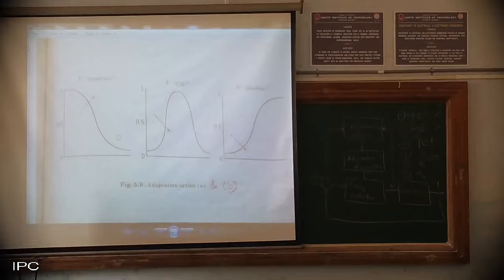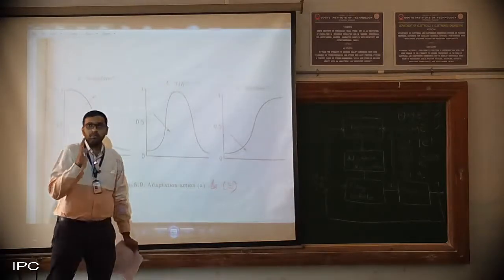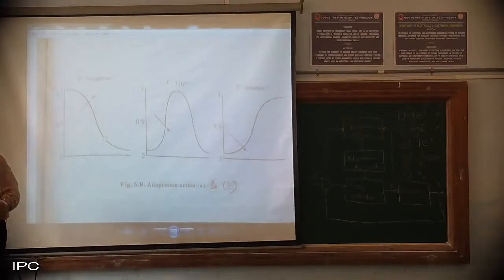The adaptive actions A and B improve the controller performance. Why are we doing this? We want to improve the controller performance. So when the error is greater than 0, adaptive action A or B is taken.